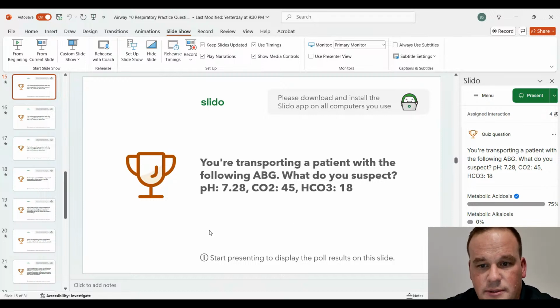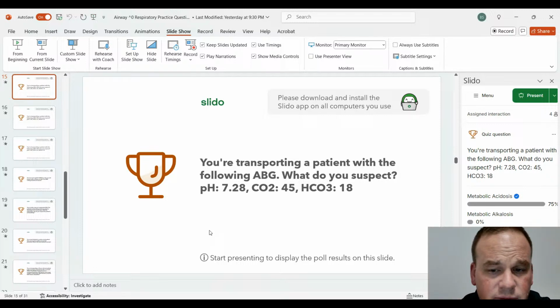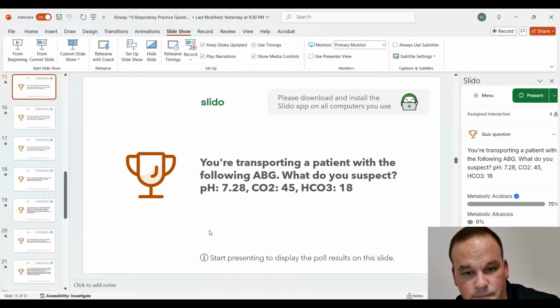This was a previous question where we had a pH of 7.28, CO2 of 45, and HCO3 of 18. We already identified that this would be an acidosis because the pH is low, and a metabolic acidosis because my bicarbonate is also low.